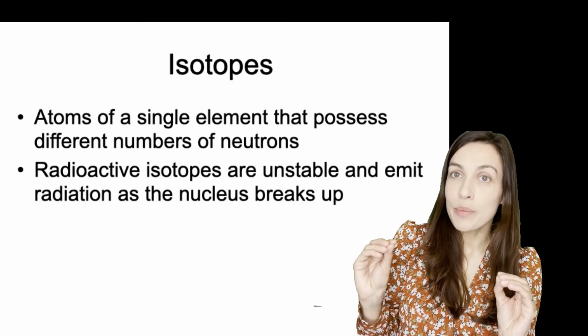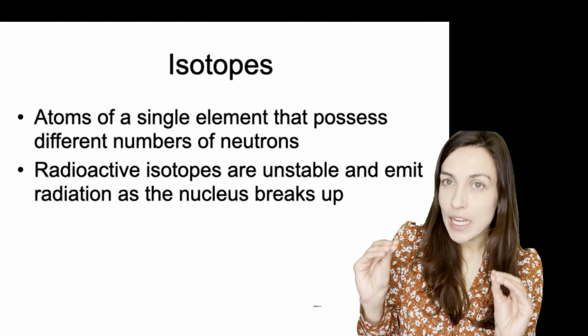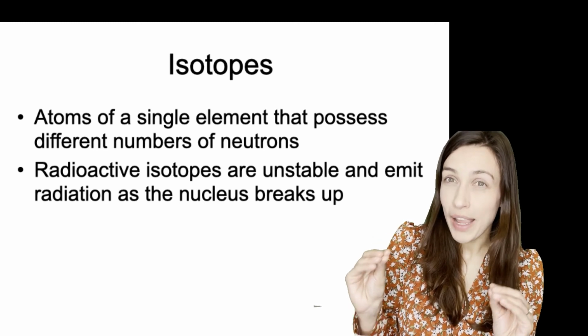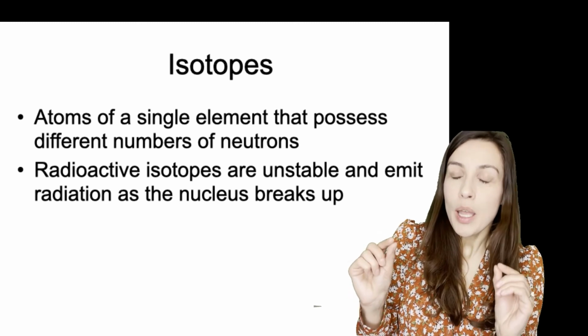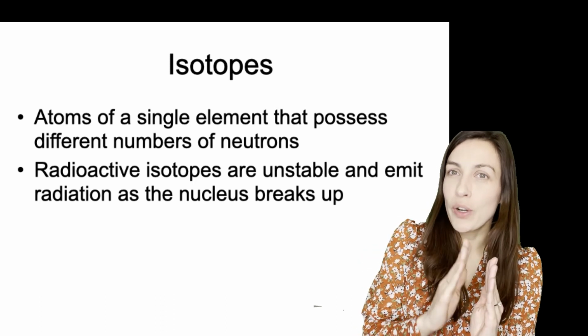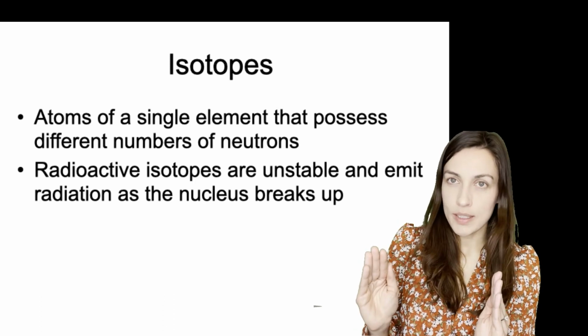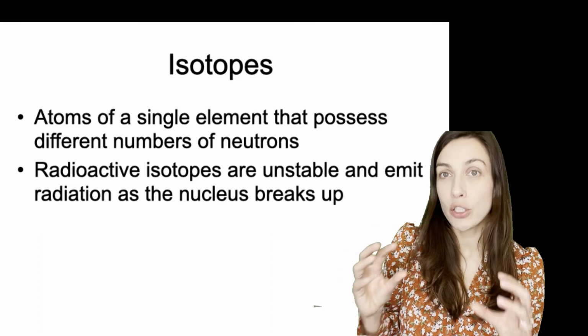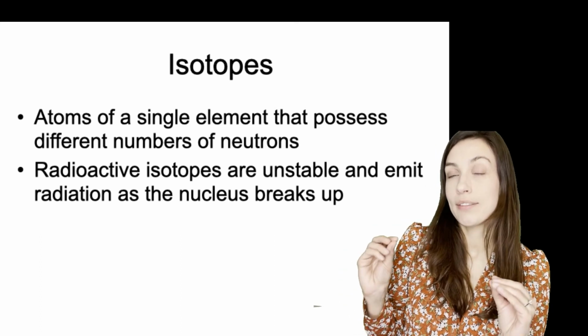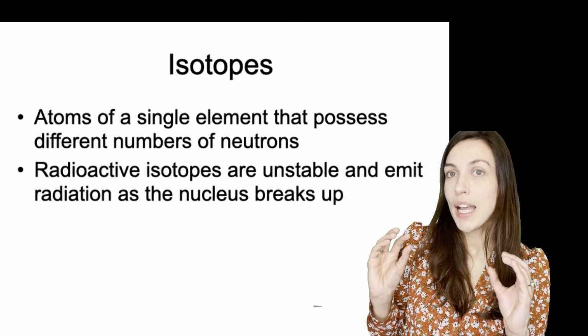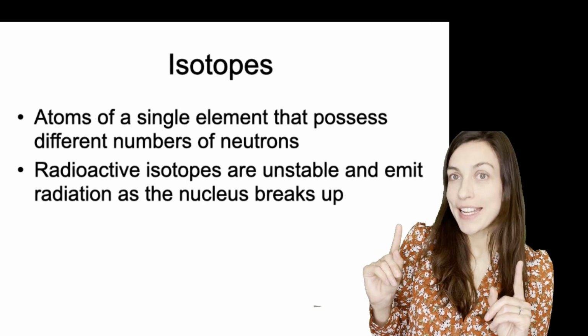So atoms that belong to the same element, therefore have the same atomic number, but happen to have different number of neutrons, are called isotopes of that element. I will demonstrate an example here.